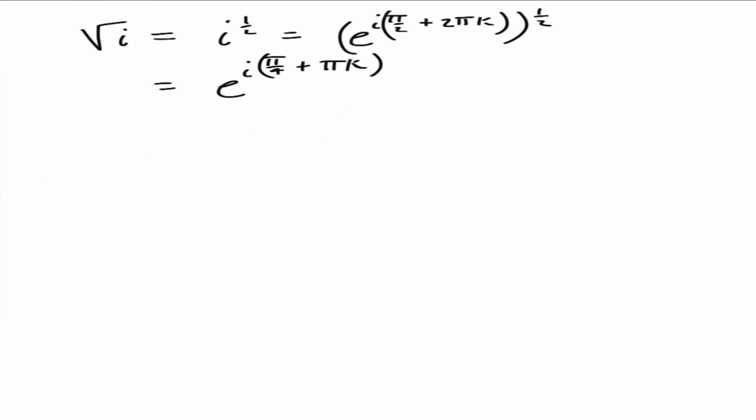So let's see if we can get an idea of what that looks like again. So I'll write out my axes, and I'll put down, here's i right up there. And that of course is going to be pi over 2 angle. And now we see that we're going to pi over 4.